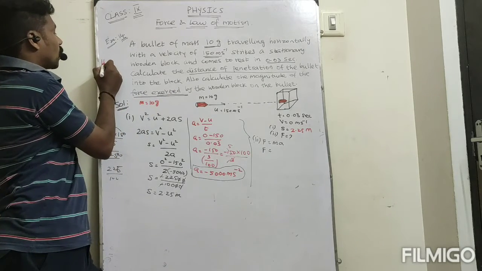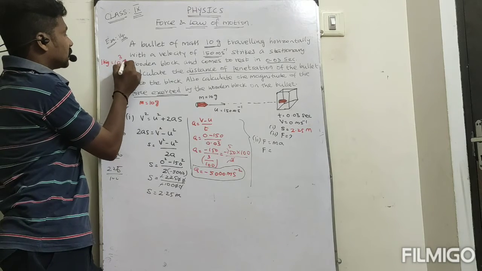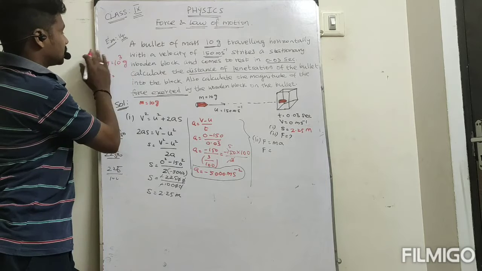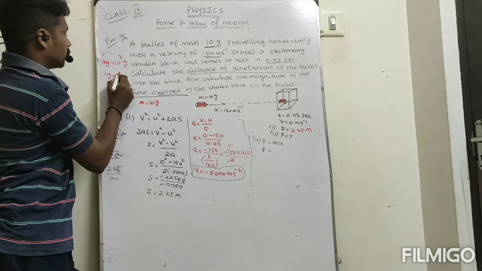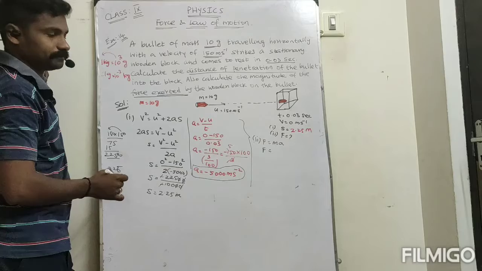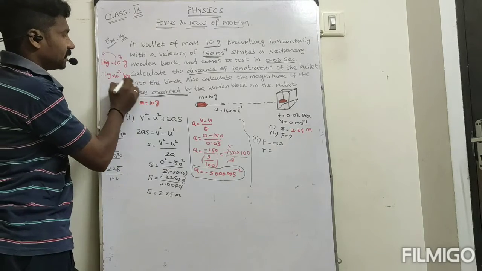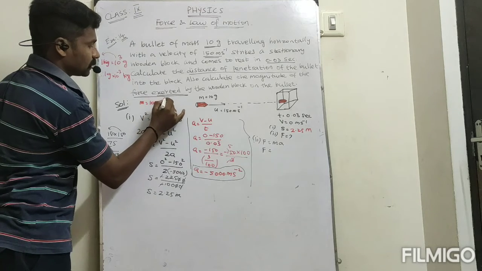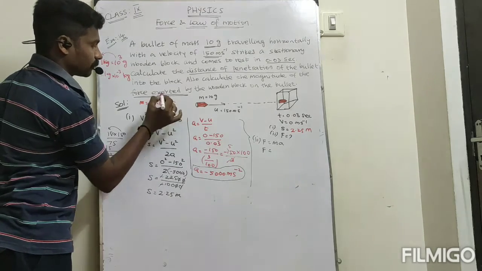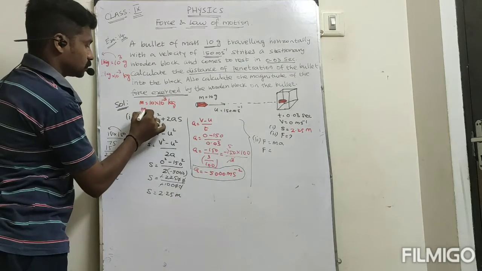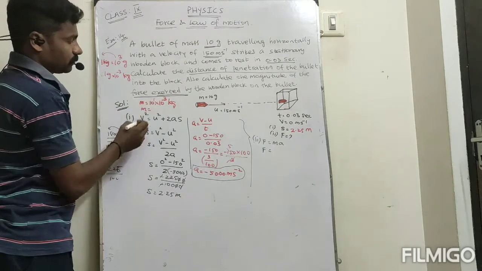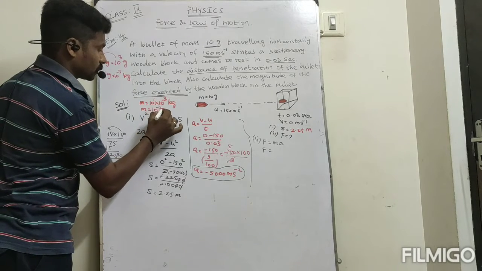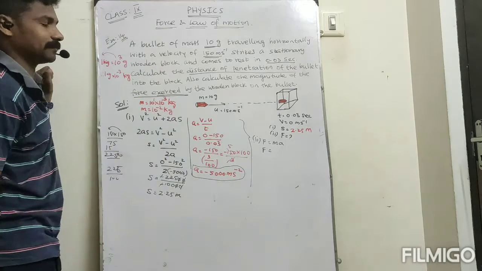You know very well, 1 kilogram is equal to 1000, that is 10 power 3 gram. Therefore 1 gram is equal to 10 power minus 3 kilogram. So m is equal to 10 power 1 into 10 power minus 3, 10 power minus 2 kilogram.